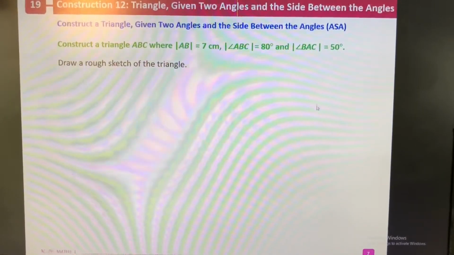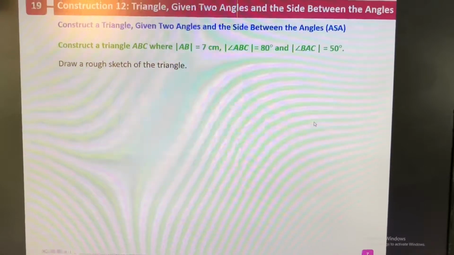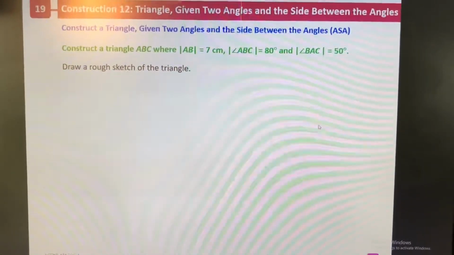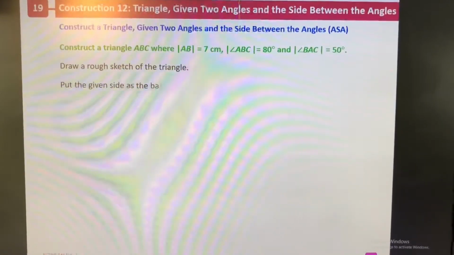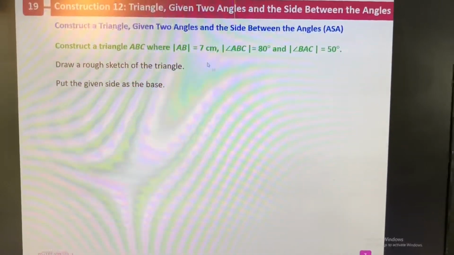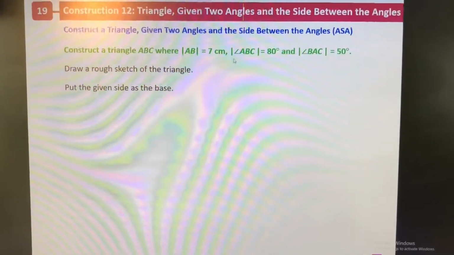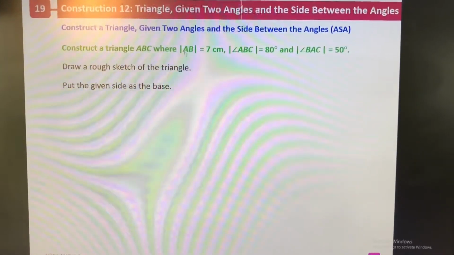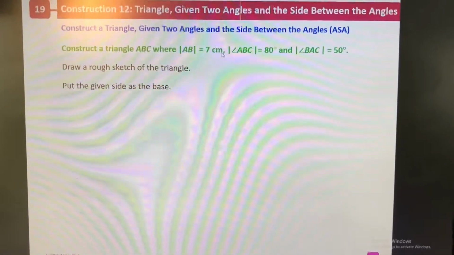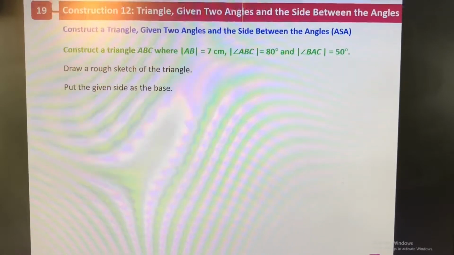Like always, we start off by drawing a rough sketch, which helps us then to guide ourselves for our actual construction. As we only have one side length, there's no reason to pick the largest side. We must go with the one that we've been given as our base, our bottom side of our triangle.